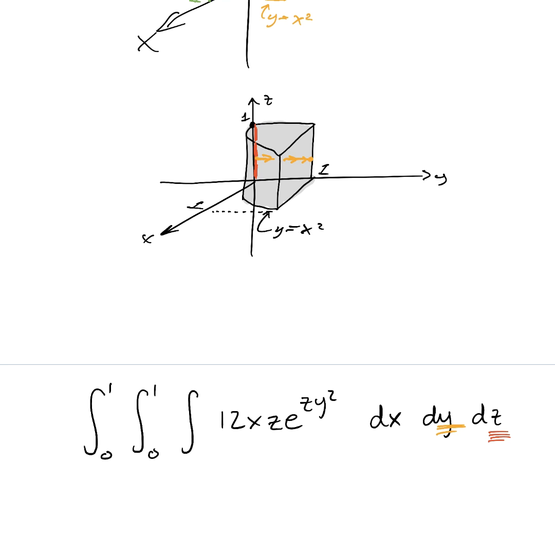Now, here's the payoff. For each such choice of a z and a y, like say here, let's talk about what x does.